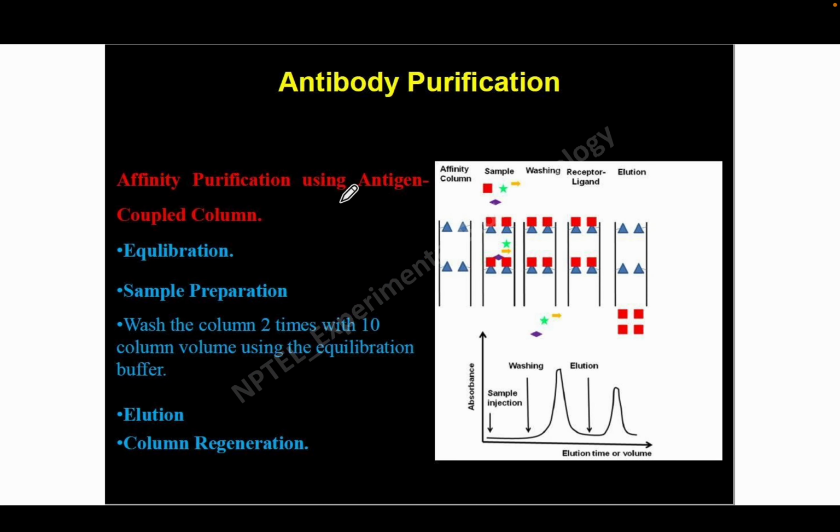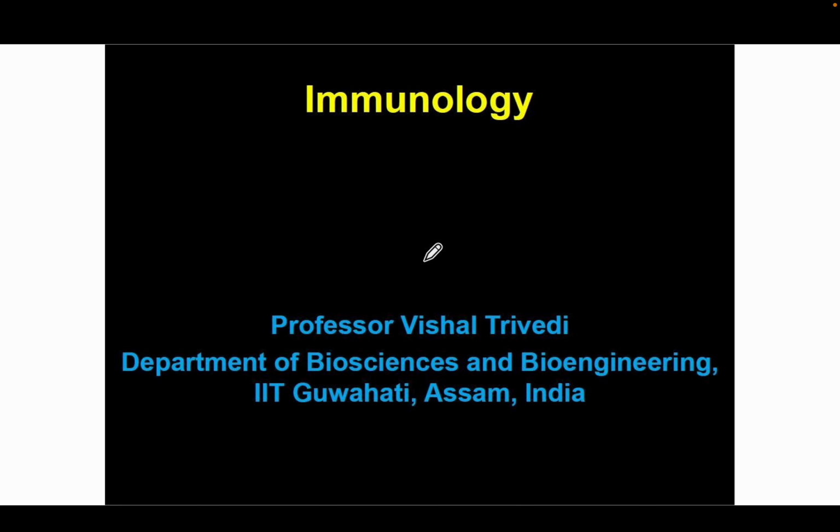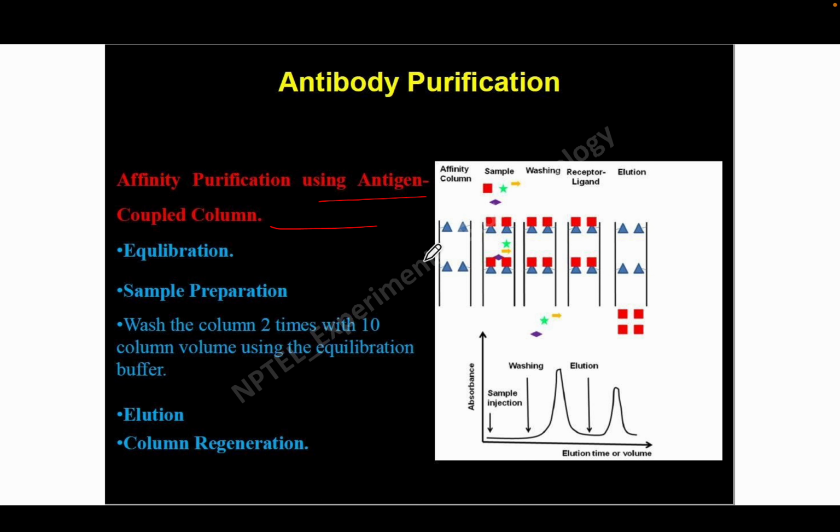Antibody purification: antibody purification using an antigen coupled column. So this is the affinity column, these are the samples, washing stage, receptor ligand interaction, then elution. This is very similar to affinity purification, because you are also purifying with an affinity column. So we have discussed affinity purification.